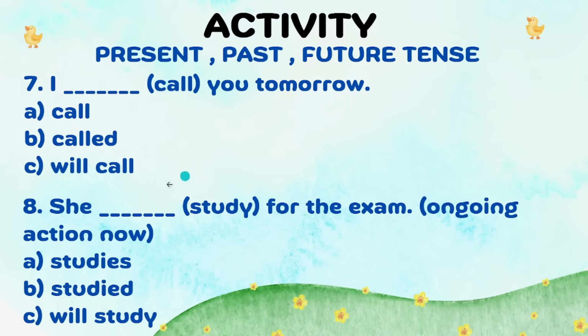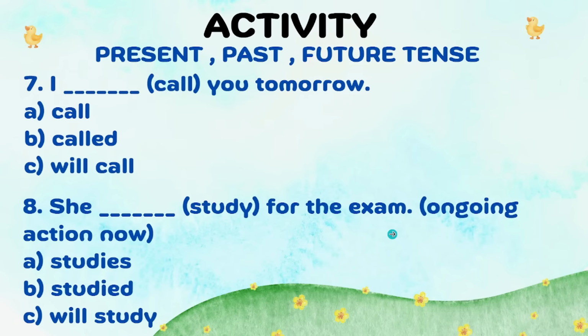Alright. So, here for the she. Okay. It says here that it's ongoing action. It says ongoing. So, right now, we are ongoing discussing about the present, past, and future tense. So, it's ongoing continuously. So, what are we going to use?